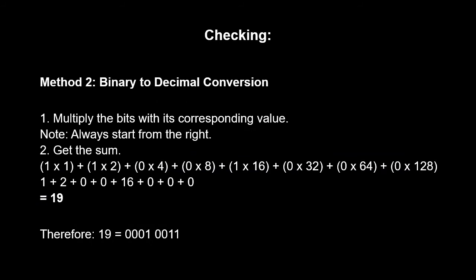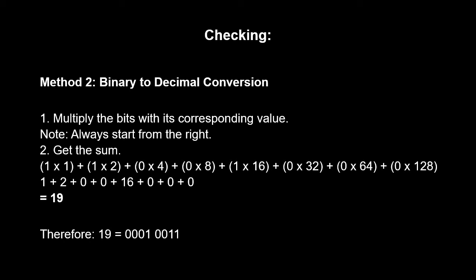Method 2 is the binary to decimal number conversion. So our step is to multiply the bits with its corresponding value, and take note to always start from the right, then get the sum. So we have 1 times 1 plus 1 times 2 plus 0 times 4, 0 times 8.